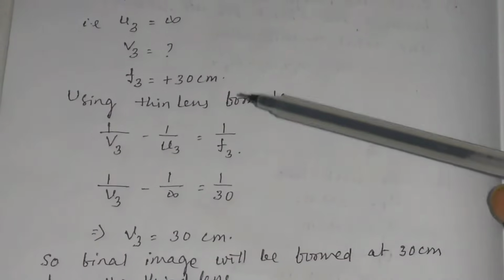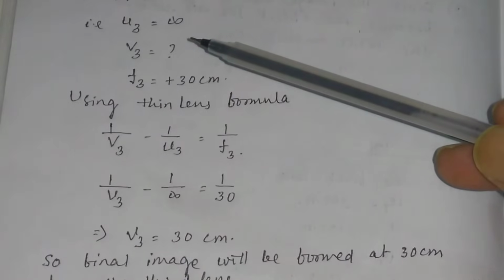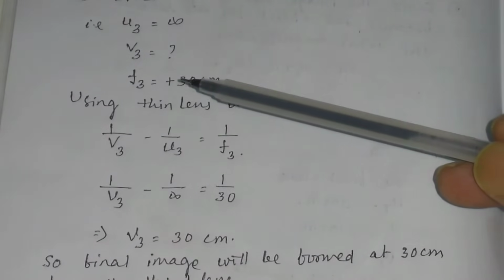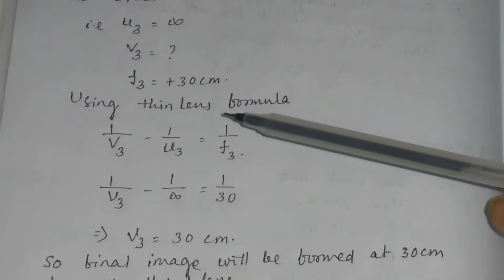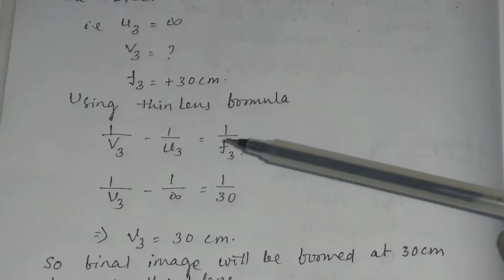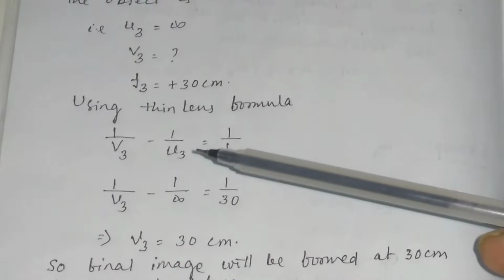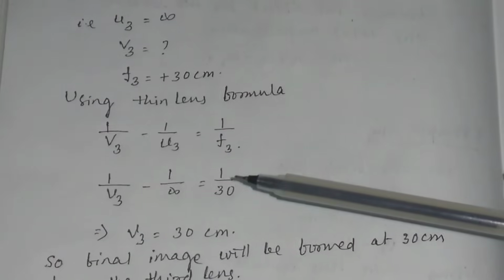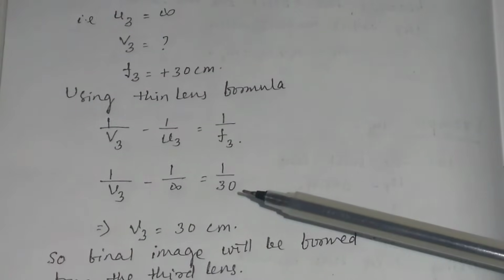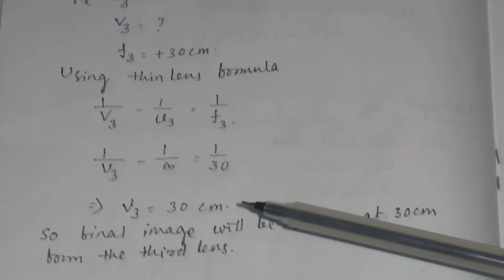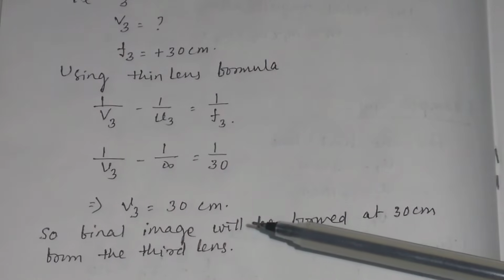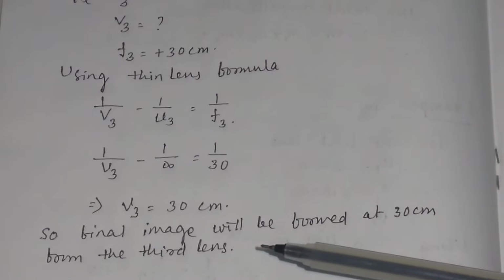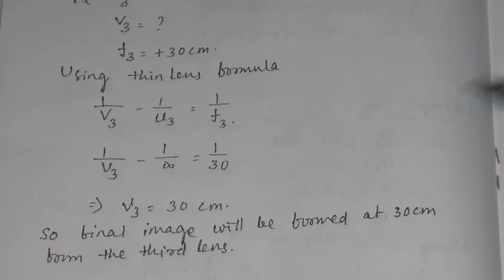So for the third lens, u3 is equal to infinity, we have to find out v3, and f3 is given as plus 30 centimeter. Using the thin lens formula, 1 by v3 minus 1 by u3 is equal to 1 by f3, and substituting the values of u3 and f3, you will get v3 is equal to 30 centimeter. So the final image will be formed at 30 centimeter from the third lens.